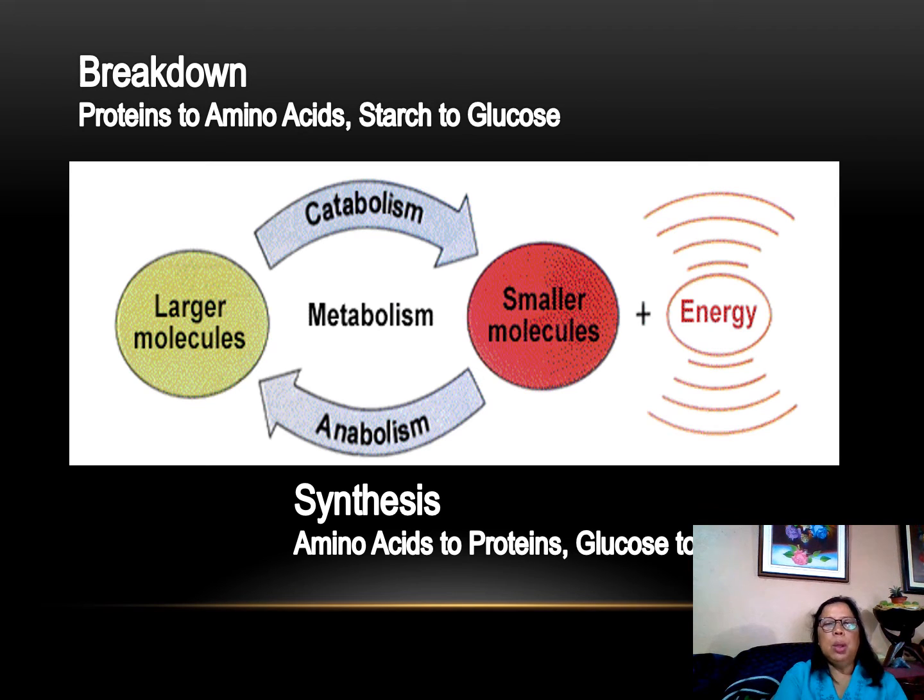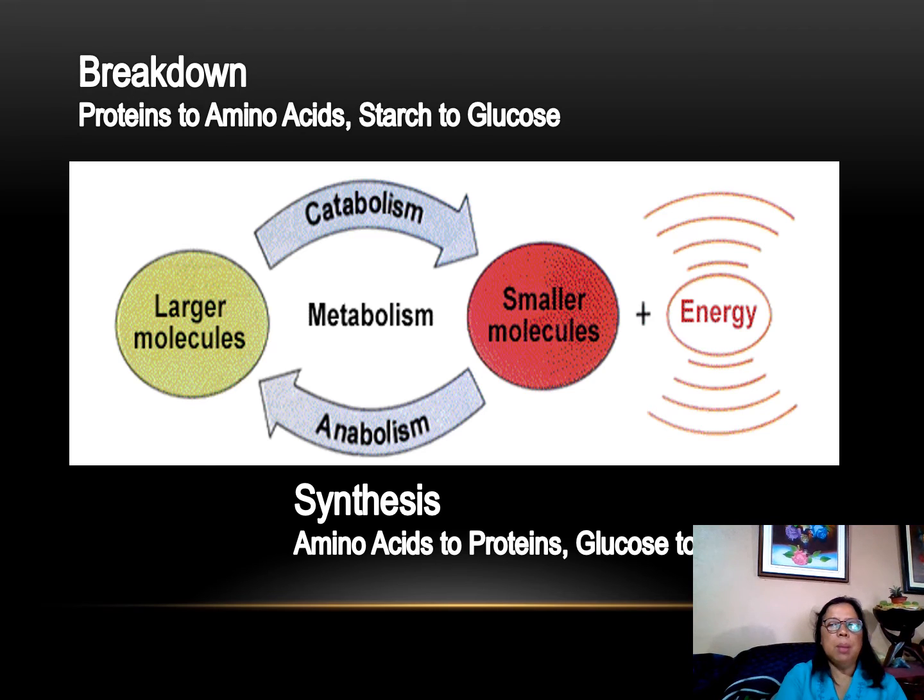So if we're going to look at this illustration, we have big molecules like protein, starch. The protein after catabolism will produce smaller molecules. In the case of protein, as large molecules, catabolism happens and then amino acids will be produced.